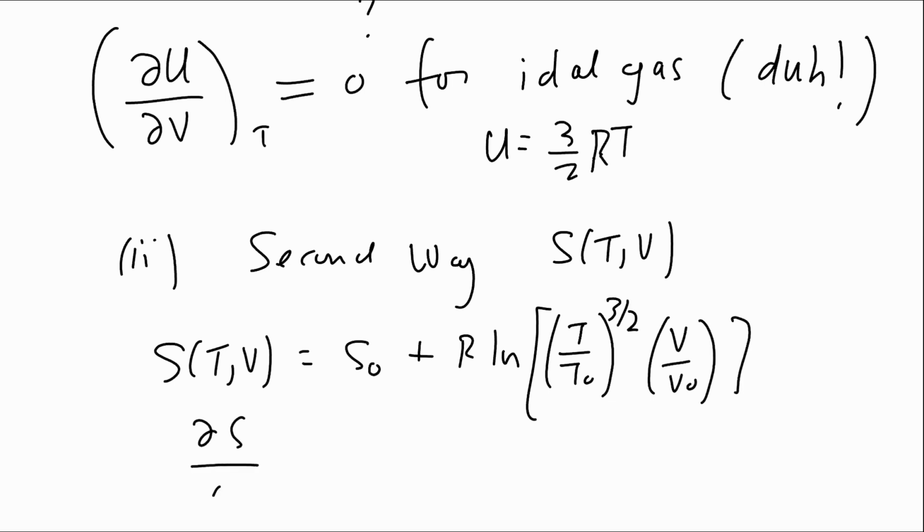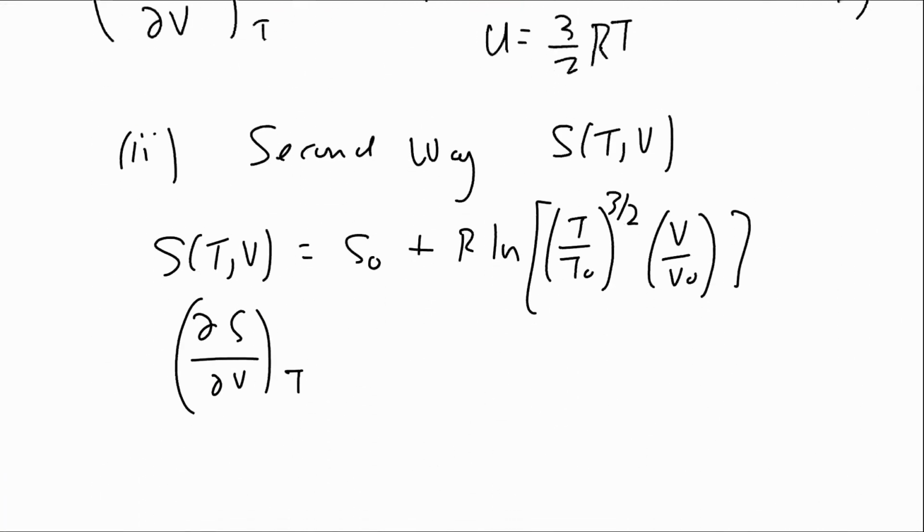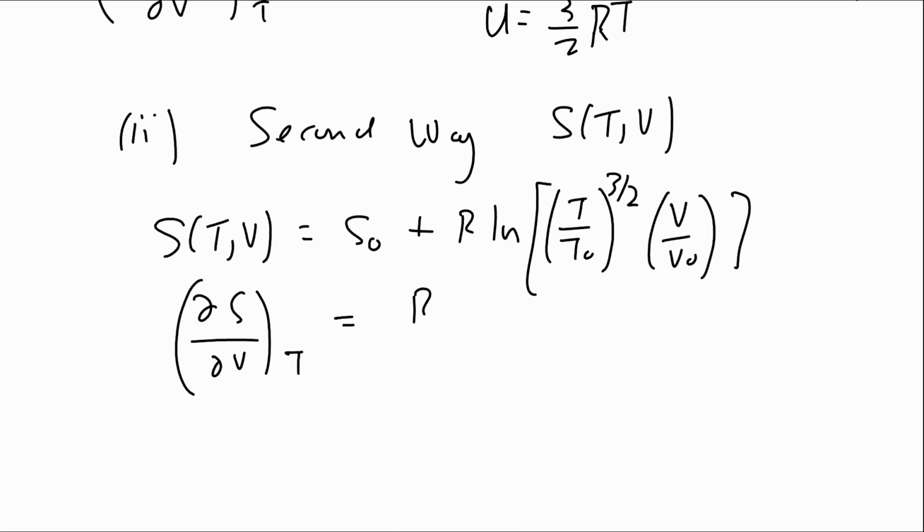So partial S, partial V, at constant T, which is what we have, is R over V, and then, etc. So that's another way we can do it. Both ways work. Which way is preferable? I don't know. You tell me.